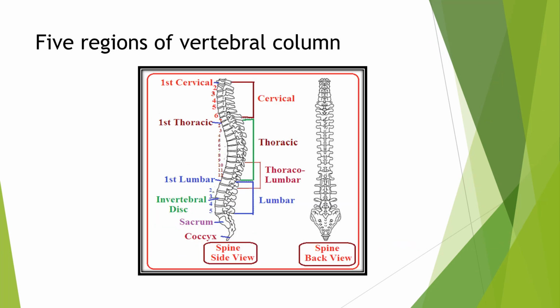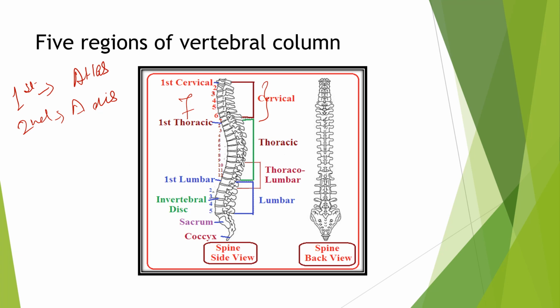Now here we are discussing the 5 main regions of the vertebral column. So what are the 5 main regions? First one is the cervical region. So what is the cervical region? It consists of the first 7 vertebrae, of which the first one is called the atlas, and the second vertebra is called the axis.